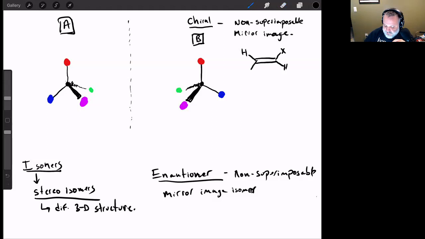We decided that because there is no free rotation around a double bond, even though the connectivity is the same, in other words, all of the atoms are connected to the same atoms, the difference is in the three-dimensional structure. So these are a type of stereoisomers. In this particular limited case, we're talking about cis-trans isomers, with trans being on the top in this example and cis being on the bottom.